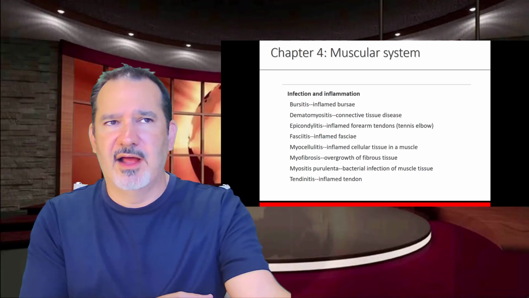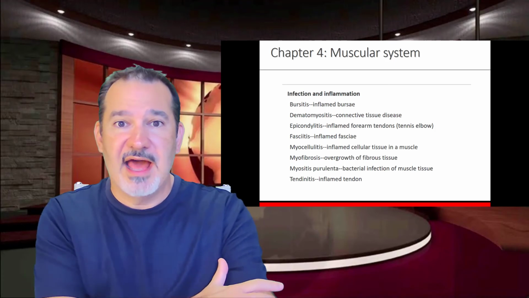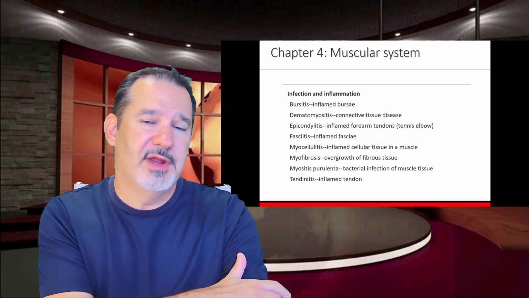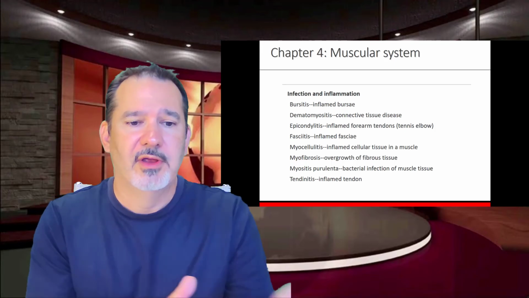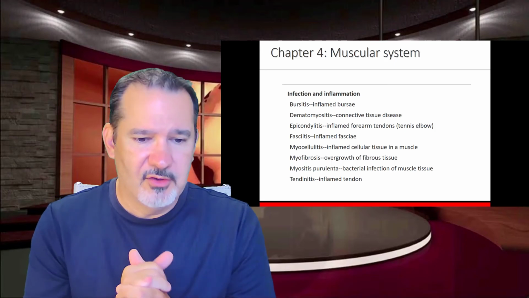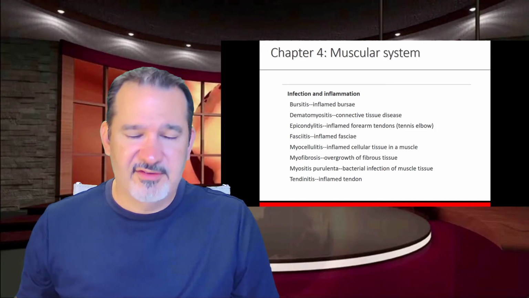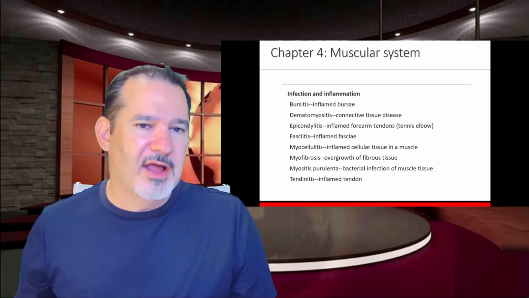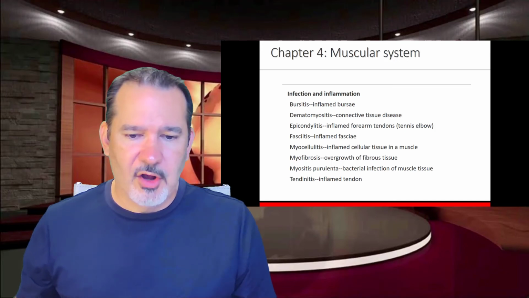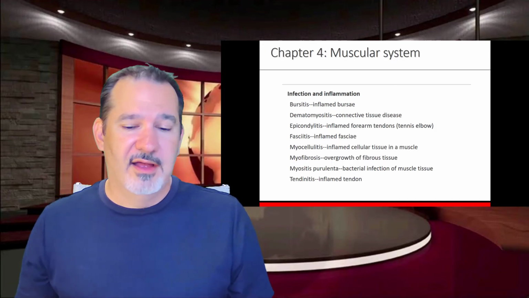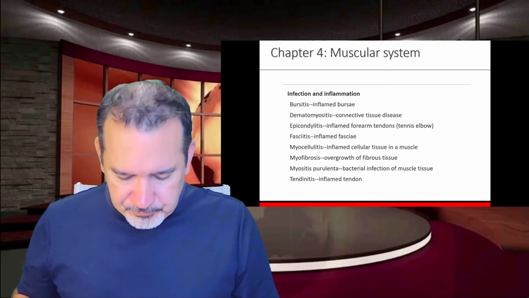And you can have medial epicondylitis or lateral epicondylitis, so you could also have it on the radial side as well, so inner or outer. So very common diagnosis. Tendinitis is just inflammation of the tendon. Myofibrosis, an overgrowth or excessive fibrous tissue growth.